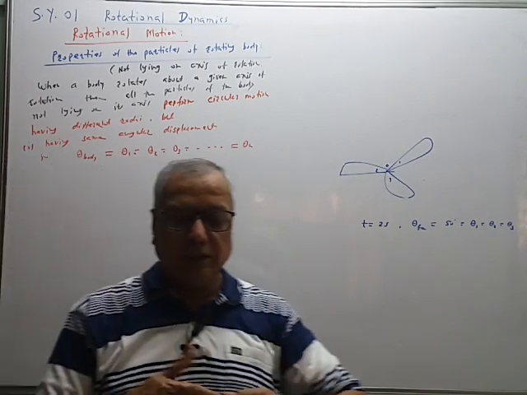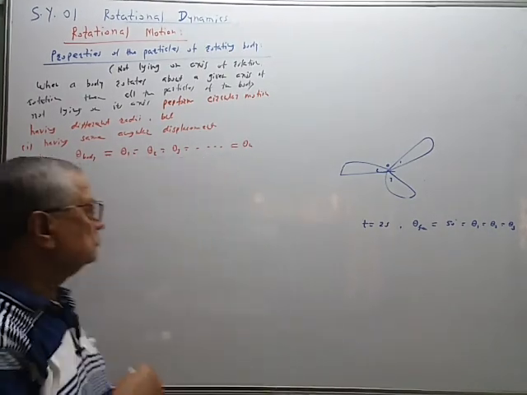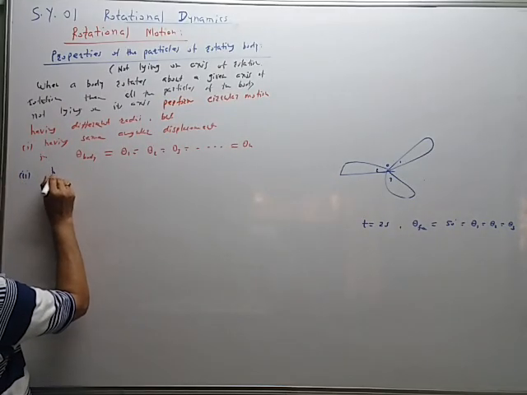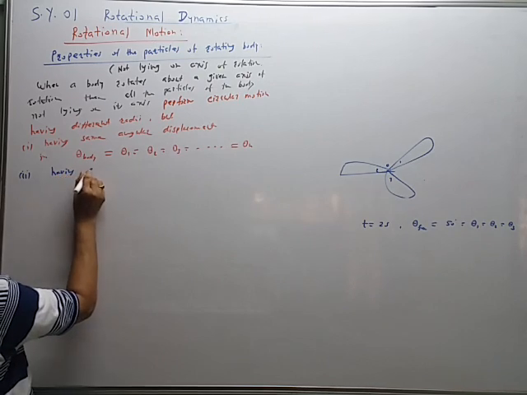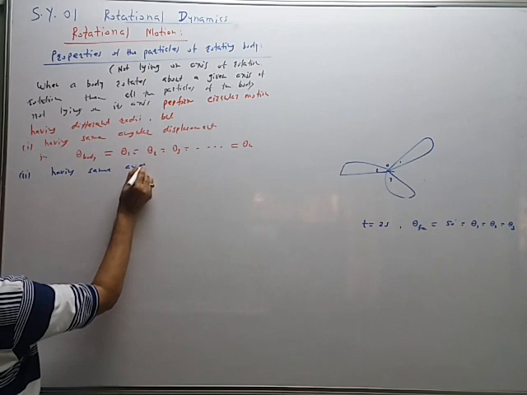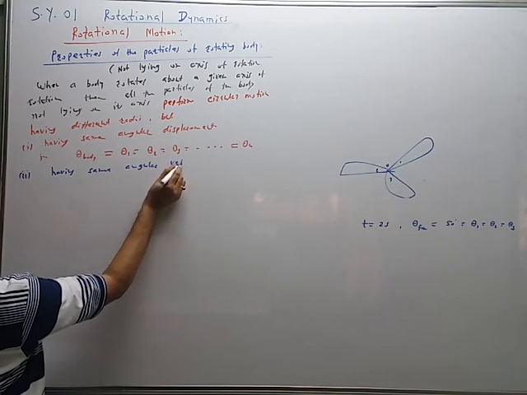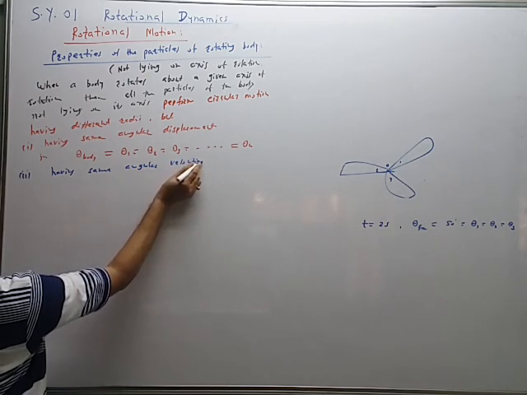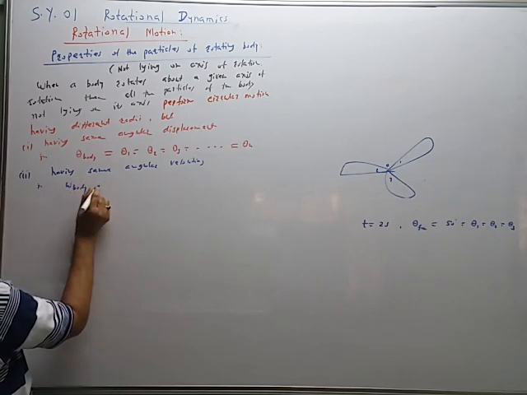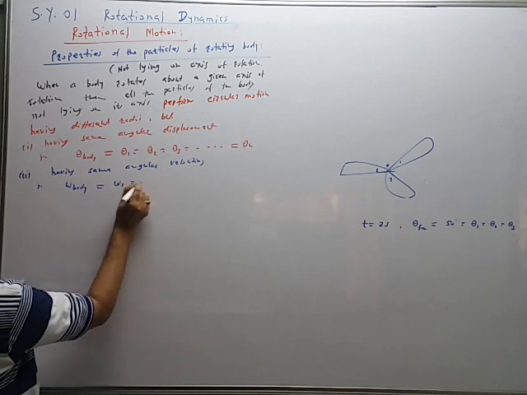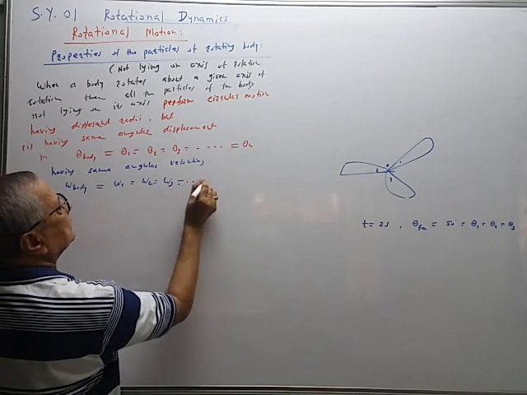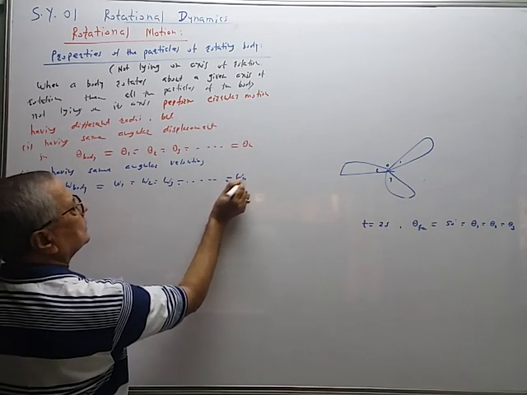What is the second property? They have the same angular velocities, that is, omega of the whole body fan is equal to omega of the first particle, omega of the second particle, omega of the third blade of the fan, equal to the angular velocity of the last particle.